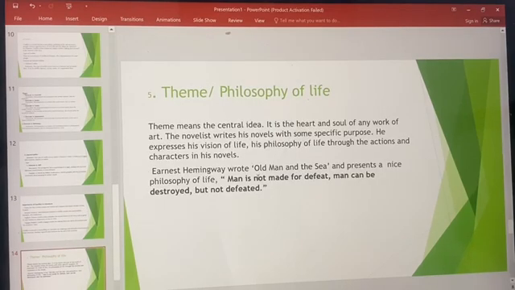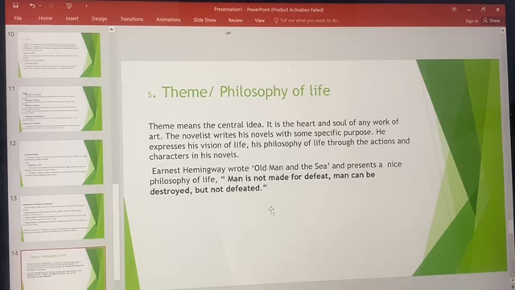We come to an important point, which is the theme or philosophy of life. Theme means the central idea. It is the heart and soul of any work of art. The novelist writes his novels with some specific purpose. He expresses his vision of life, his philosophy of life, through the actions and characters in his novels.